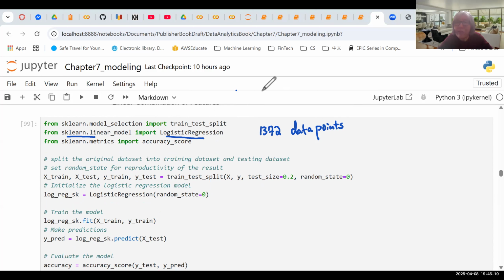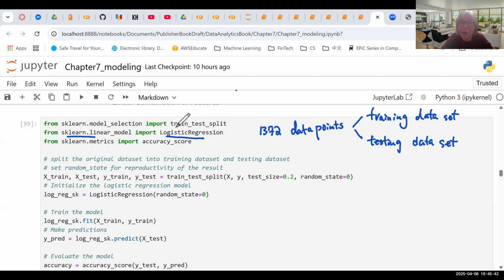In the statistics model, you apply all of them to that statistics model. For machine learning, we are going to split the total number of data points into two parts: the training data set and the testing data set. That's normally what we do in machine learning.